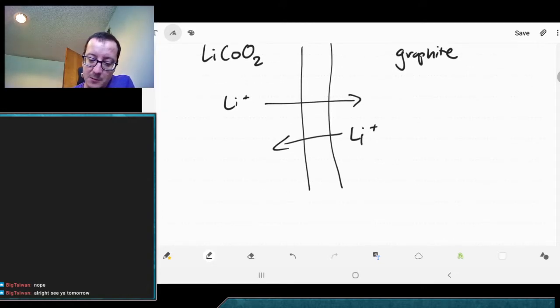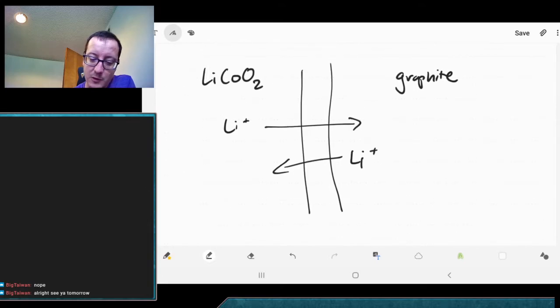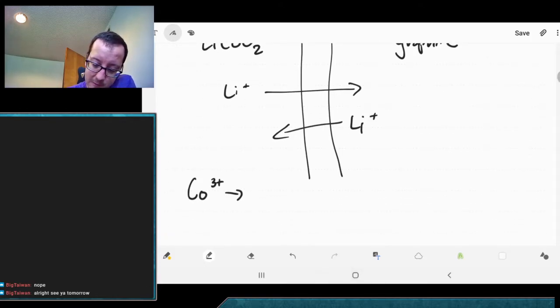What's interesting about this is that the cobalt is actually going to be doing the chemistry here. So cobalt 3 plus to cobalt 2 plus is the chemistry that's happening here. Cobalt, oops, I put it on the wrong side.